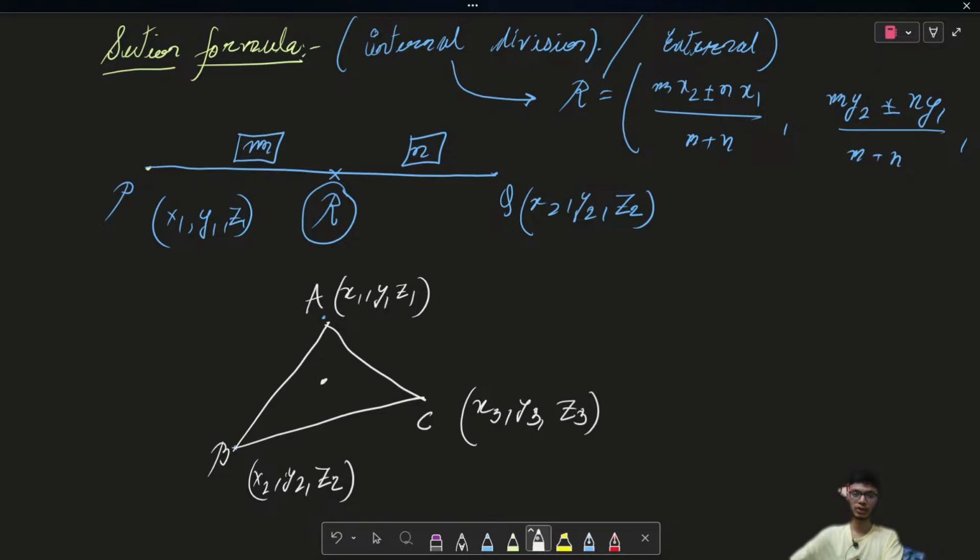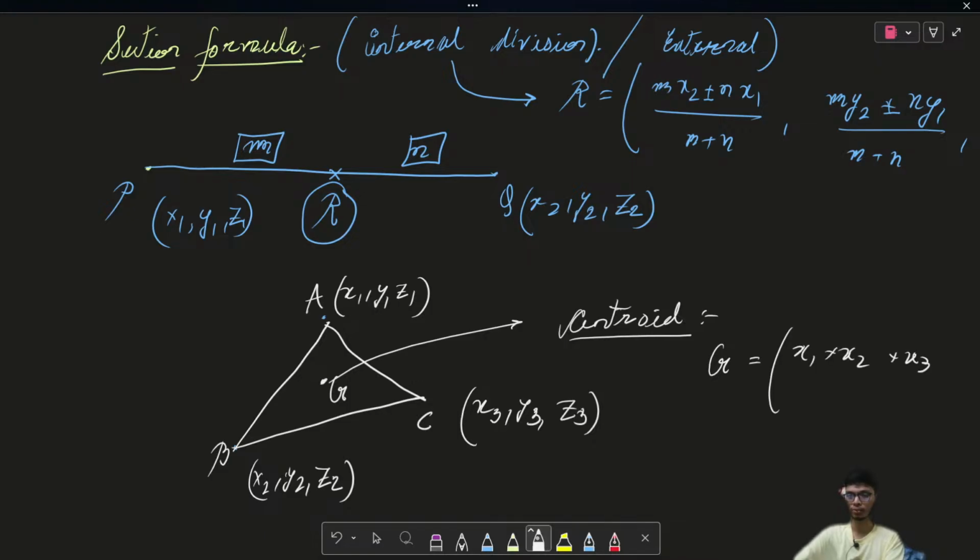So in order to find the centroid of this particular triangle, I can easily do that by taking x1 plus x2 plus x3 by 3.